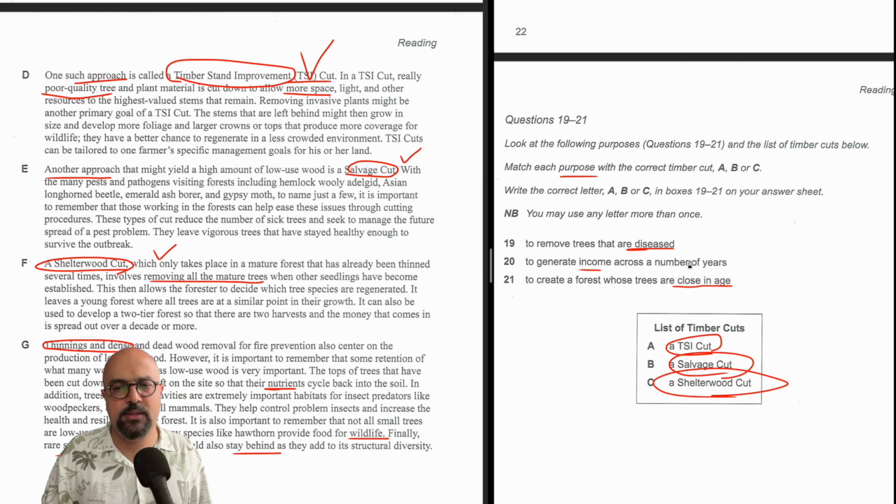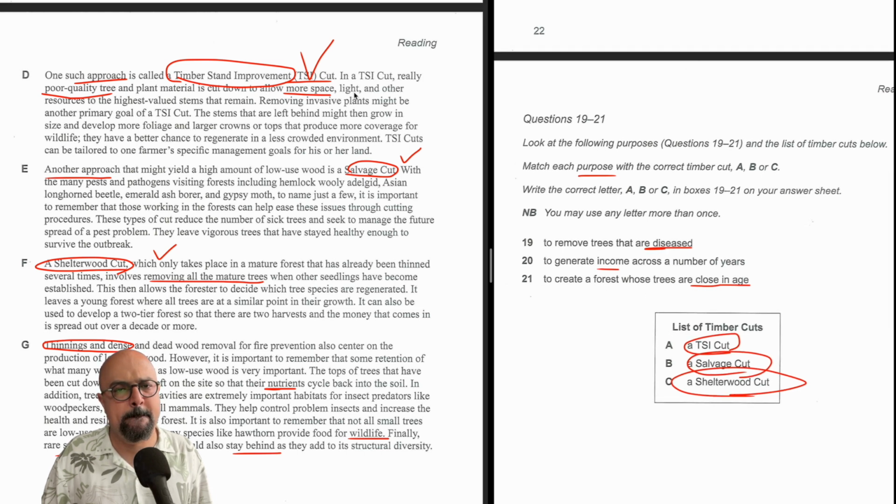Okay. Income, age, disease. Poor quality tree and plant is cut down to allow more space. More space? No. It's not one of the options. More space, light, and other resources to the highest valued stems that remain.